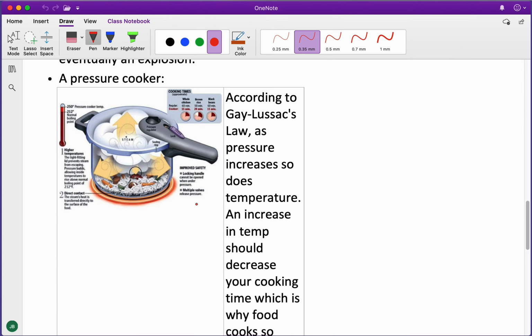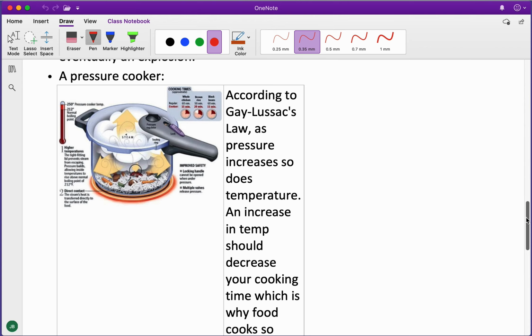And of course, as you increase the temperature, that means your food is going to cook much faster. And for any of y'all whose parents have an Instapot, you know that food can cook really fast in one of those. And really, an Instapot is nothing more than a pressure cooker.